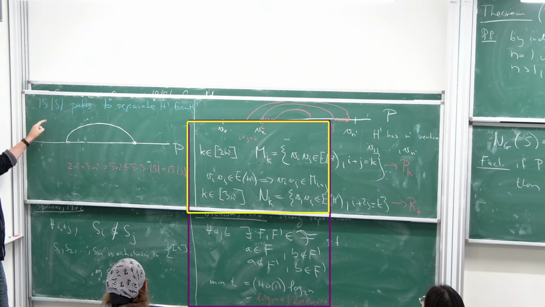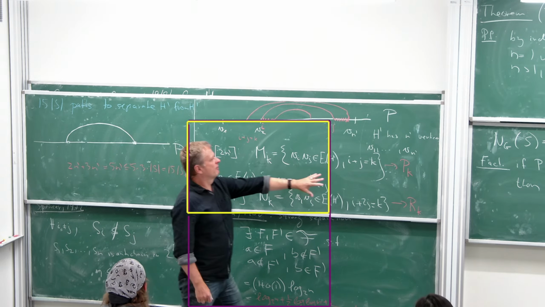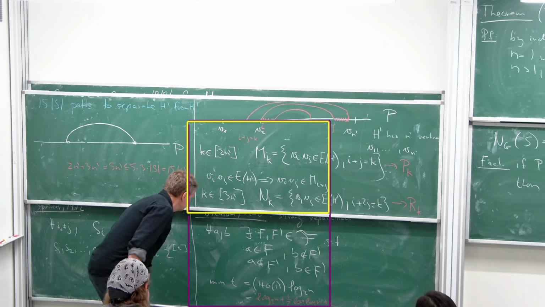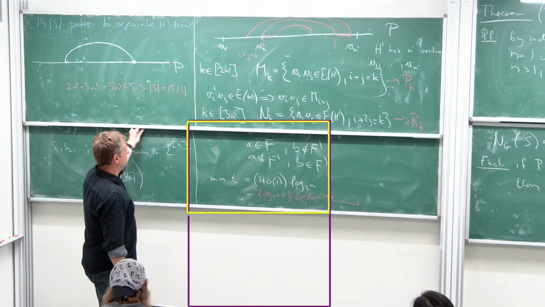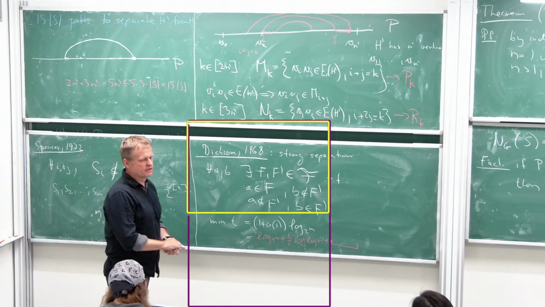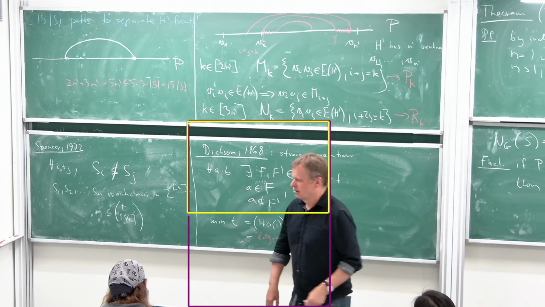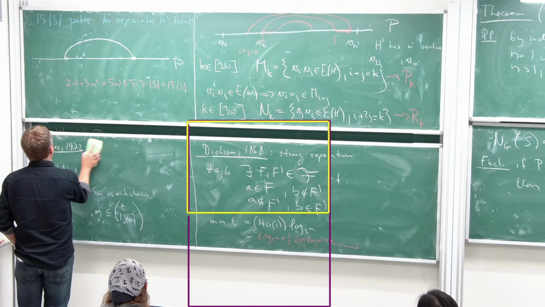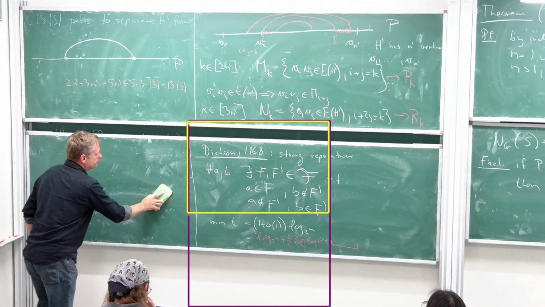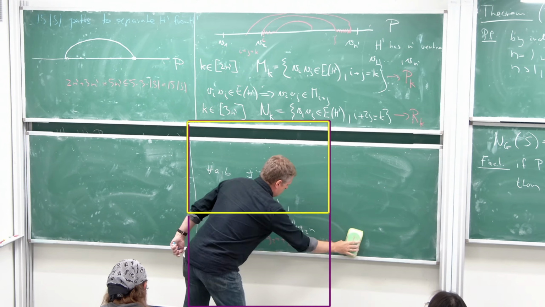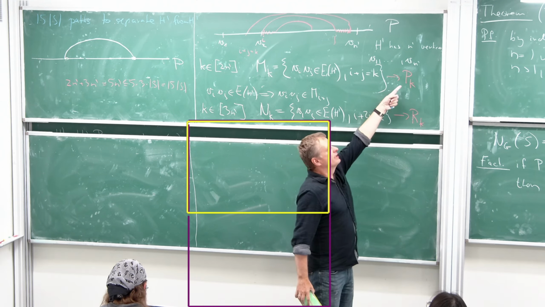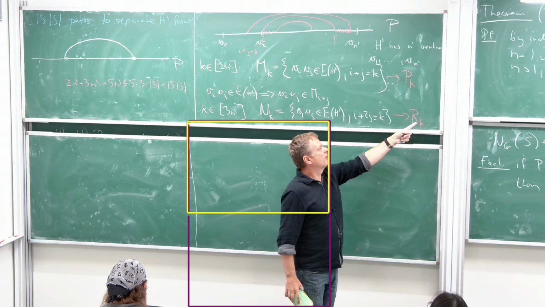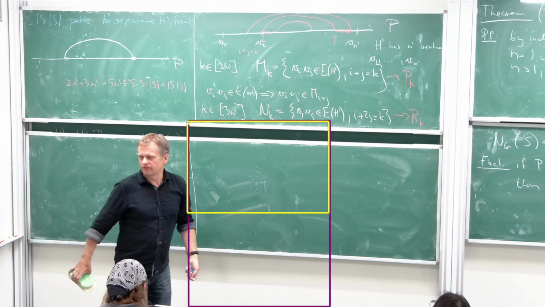Okay, so the only thing I didn't tell you is why these paths separate edges of H prime. So what would happen if you find two edges which are not separated? So every edge is in one pk, and every edge of H prime is in one rk. Okay.